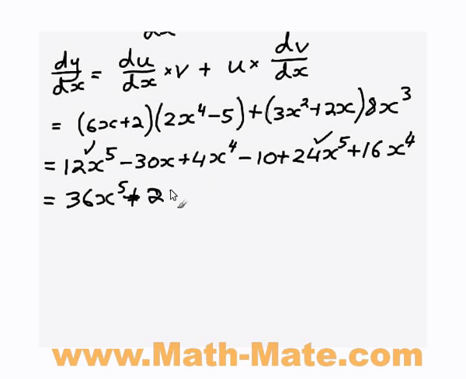So those add up to give 20x to the power 4. We have minus 30x by itself, so minus 30x. And we also have a negative 10 all by itself. Making sure to tick off everything, so minus 10. And that's your answer.